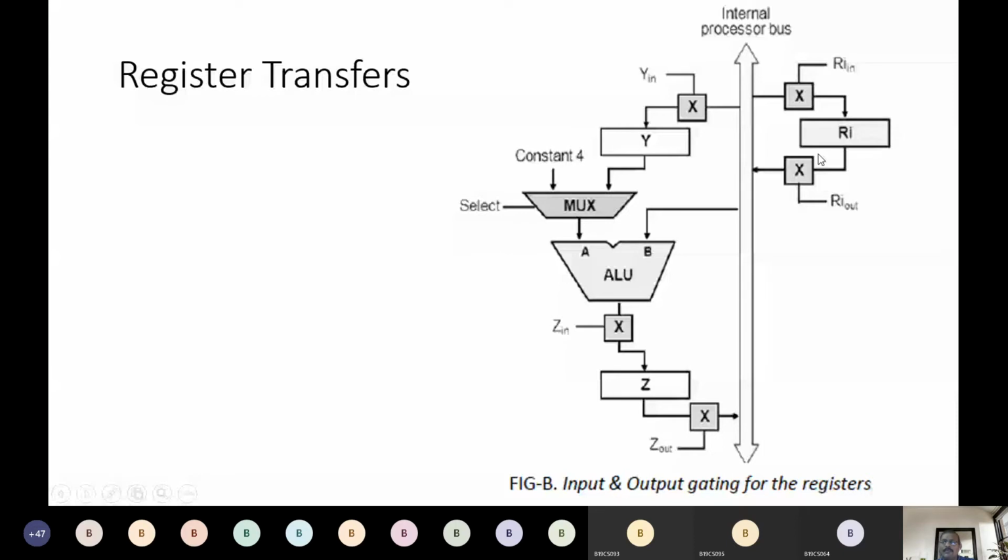And remember, when we say RI here, I can be, for example, if there are 16 registers in my computer, I will be from 0 to 15, that is R0 to R15 registers.